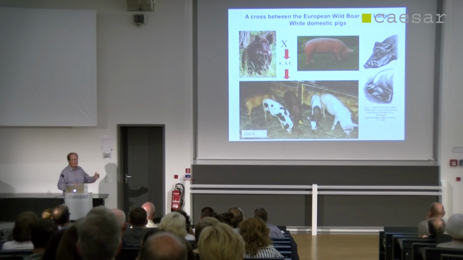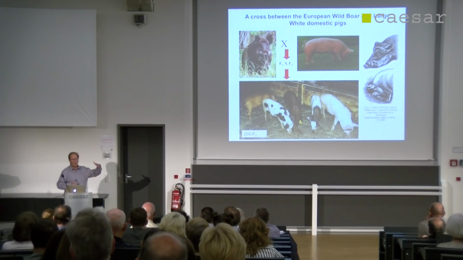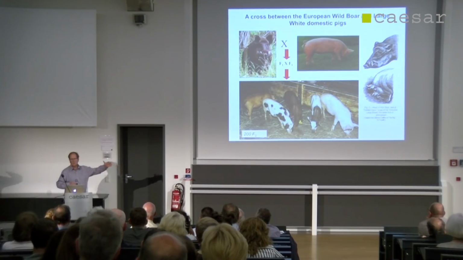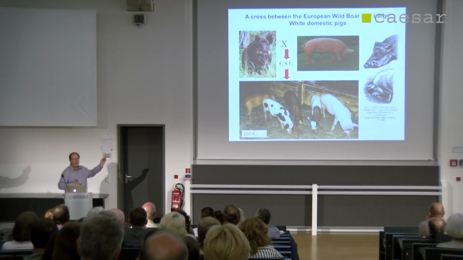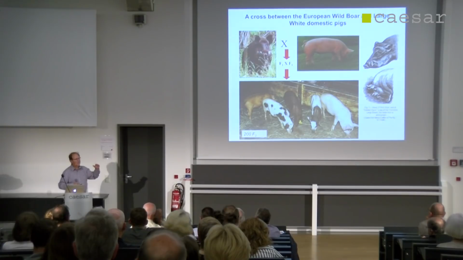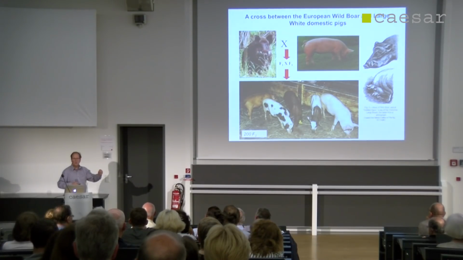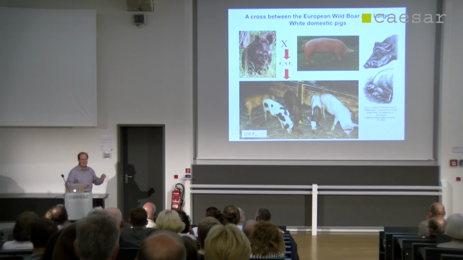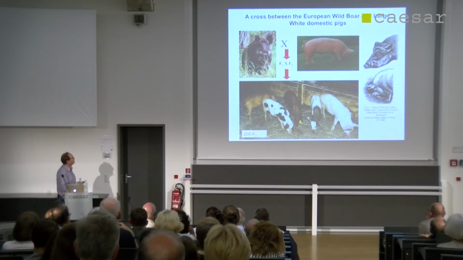But that changed completely, basically after the Second World War, when our lifestyle changed with cars and so on. So from the 50s, every year there has been selection going on to reduce fat deposition and increase muscle mass, because it's the protein that the consumer pays for. They don't pay anything basically for the fat.